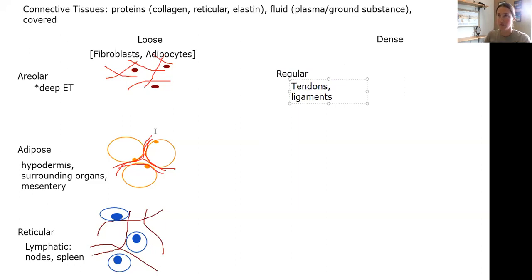Whenever you are moving a particular muscle, the pull, the force, is always in the same direction. So we make that connective tissue, connecting the muscle to the bone, really robust in that direction only and not in any other direction. That's different from irregular tissue. We'll get to that in just a moment.